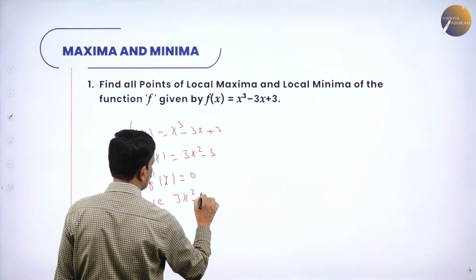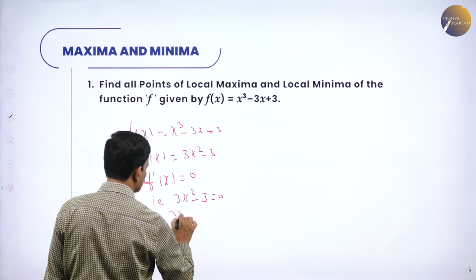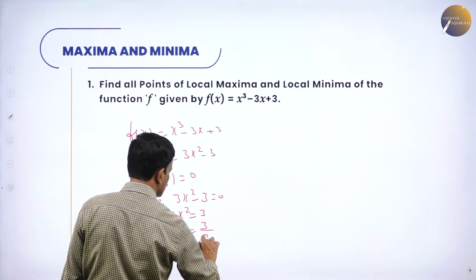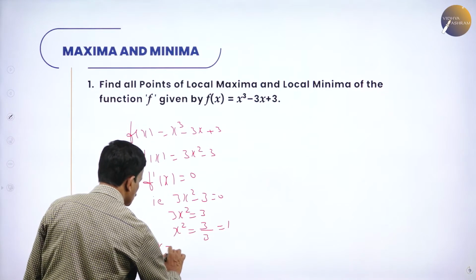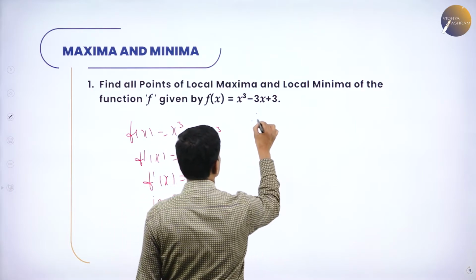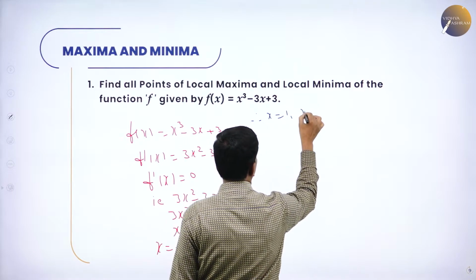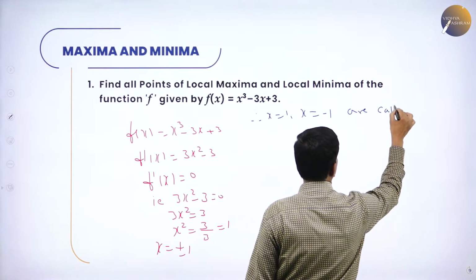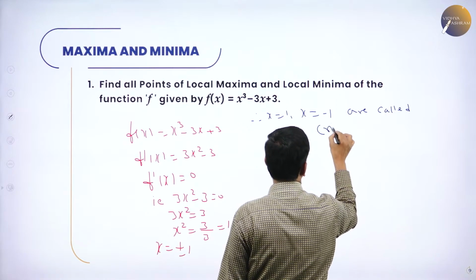That is 3x square minus 3 is equal to 0. 3x square is equal to 3. X square is equal to 3 by 3 is equal to 1. X is equal to plus or minus 1. Okay. So therefore, x is equal to 1 and x is equal to minus 1 are called critical points.